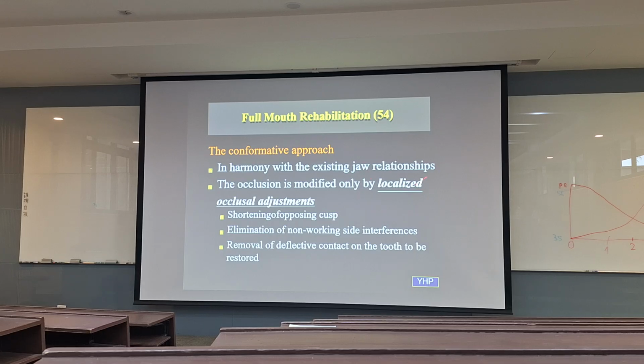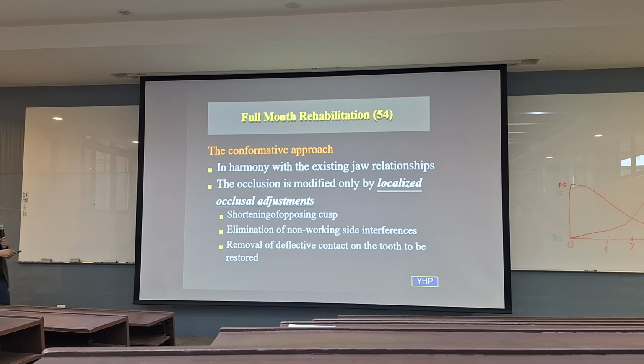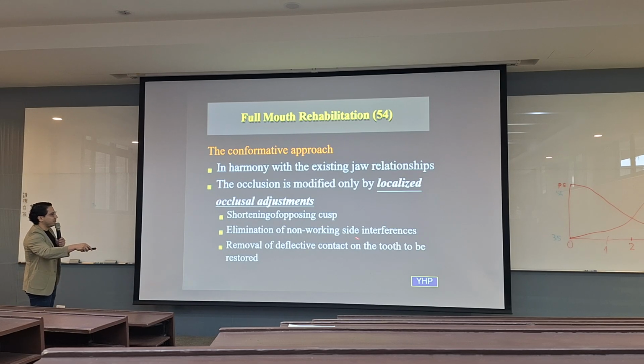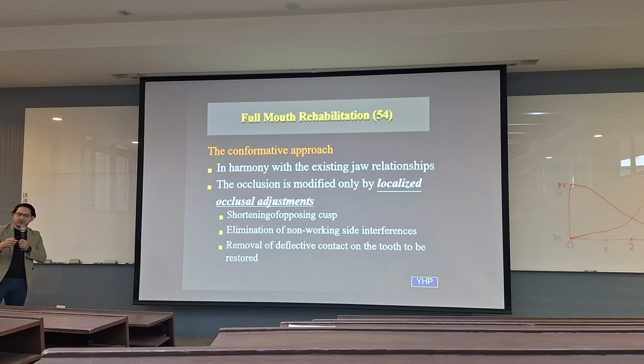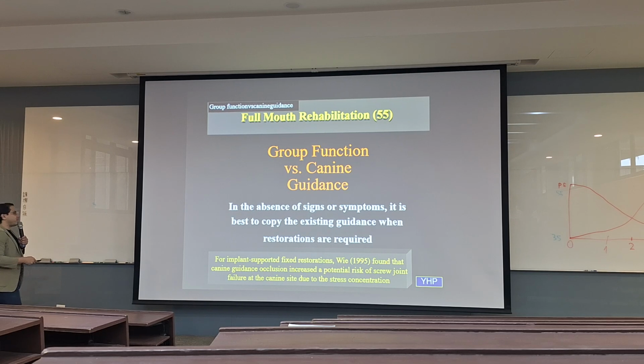So we just do some localized occlusal adjustment. Sometimes we just need to remove a little bit of the cusp. Sometimes we do some elimination of non-working side interferences. Of course, right now you are doing fixed prosthetics, so you already know what I'm talking about. Of course, the best thing that you can do sometimes is try to mimic a group function.